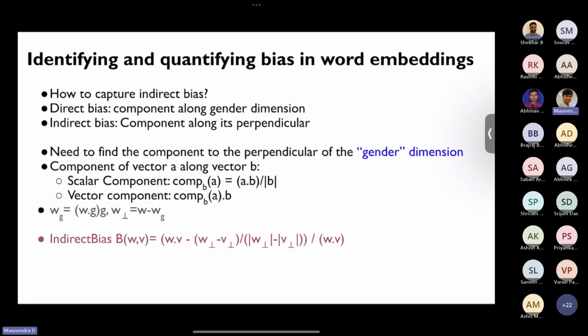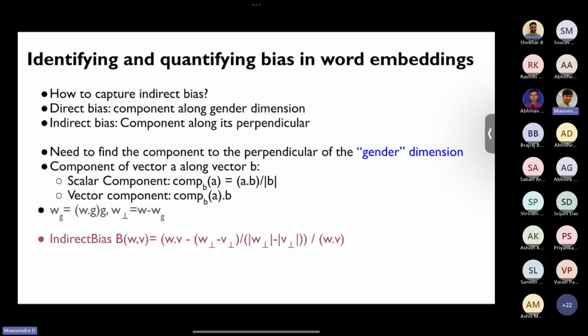There could be something like indirect bias also. If you remember from vector algebra, if there is a vector in 2 dimensions, x we can represent as x1 into i plus x2 into j. So there are two orthogonal components, i and j, and each vector has two components, one along i, another along j, right?